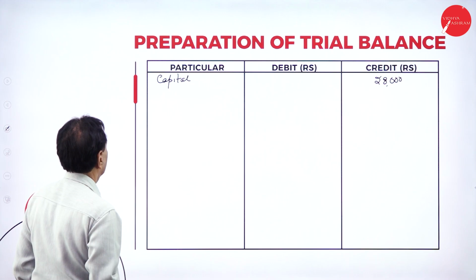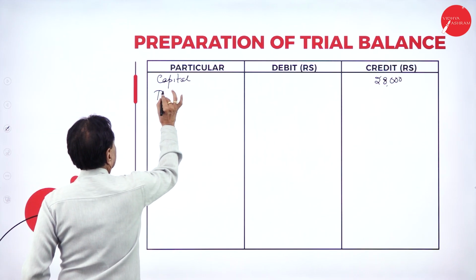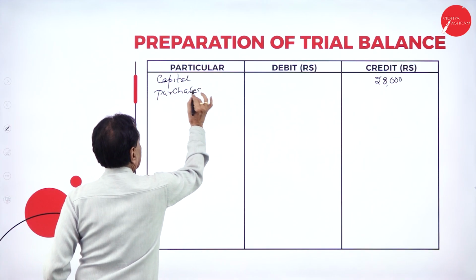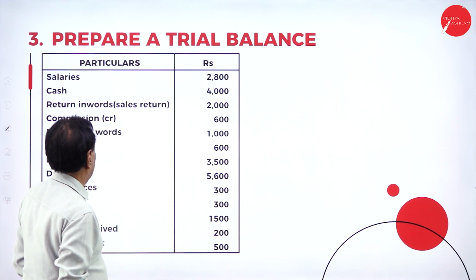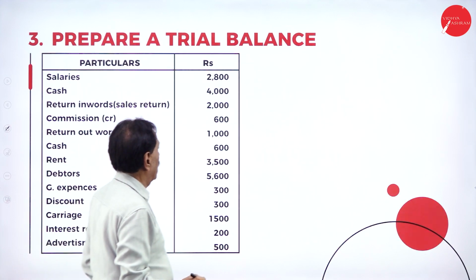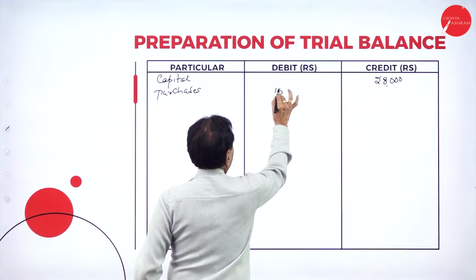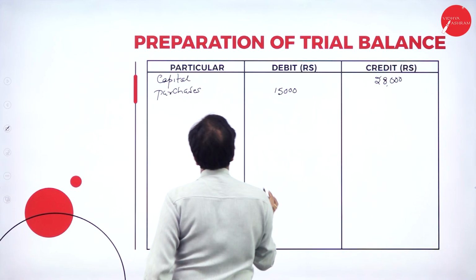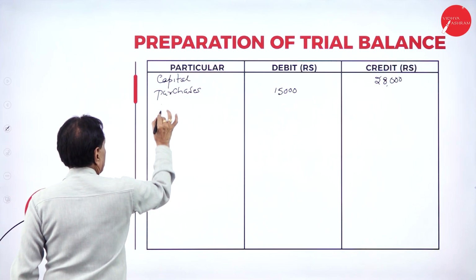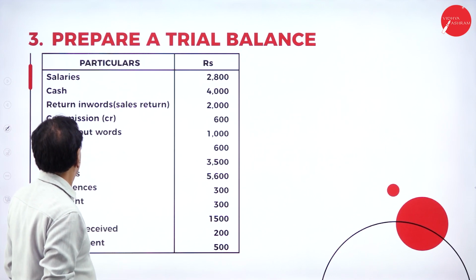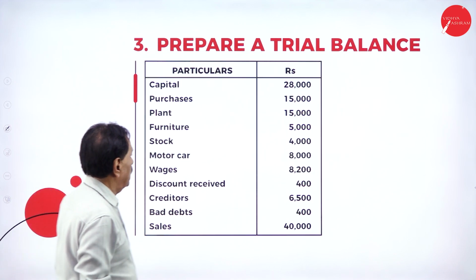Purchases. Debit side. Purchases 15,000. Plant, that is nothing but machinery, an asset, value 15,000.